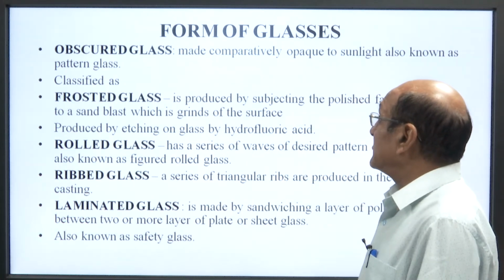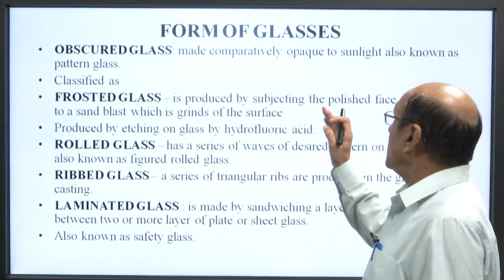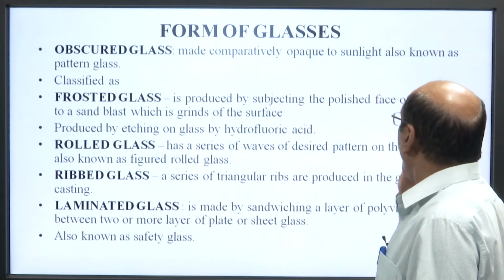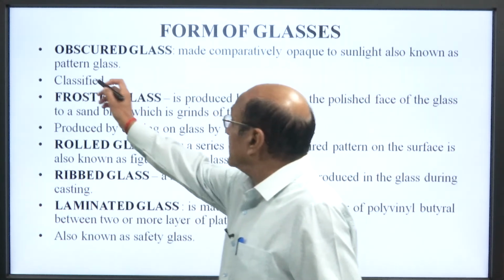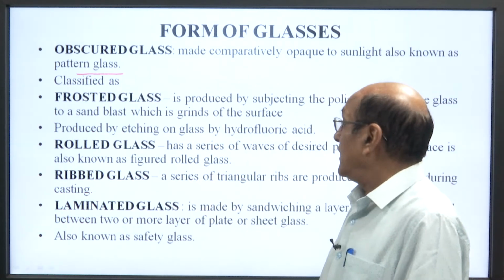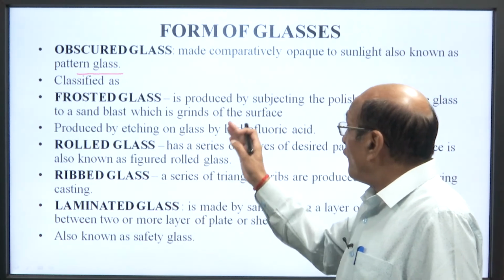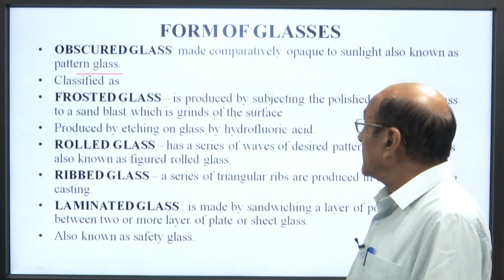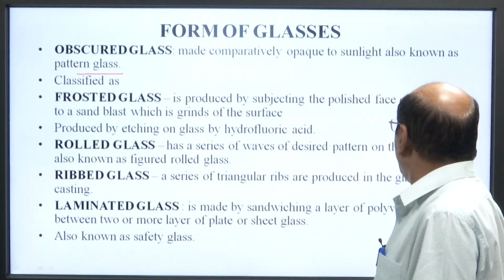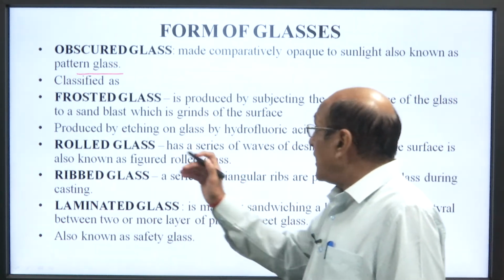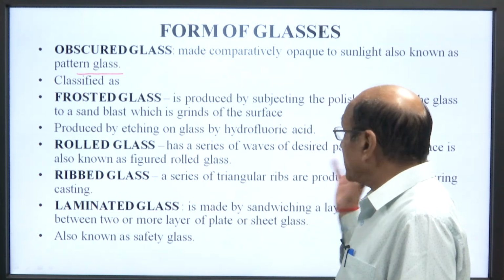The next glass is obscured glass, comparatively opaque to sunlight, also known as pattern glass. Now, classified as frost glass, it is produced by subjecting the polished face of the glass to sand blast, which grinds the surface.